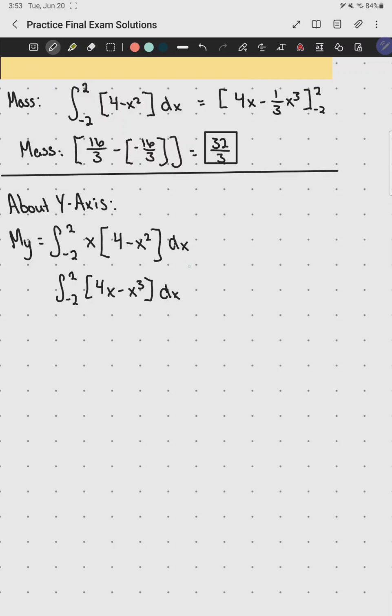I'm going through these rather quickly because the integrals are rather straightforward.